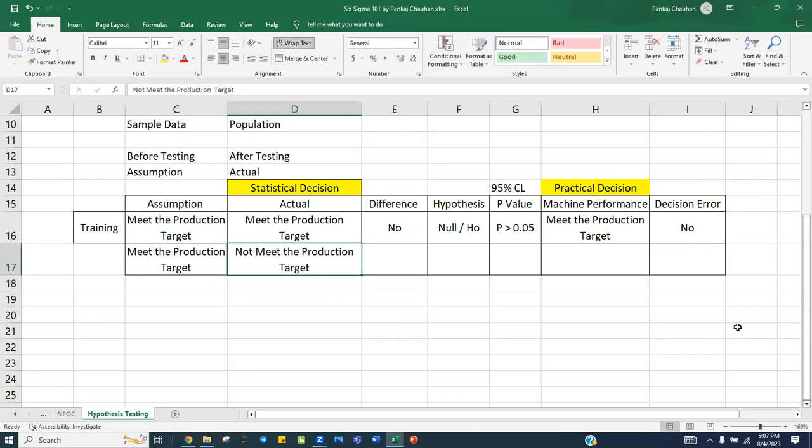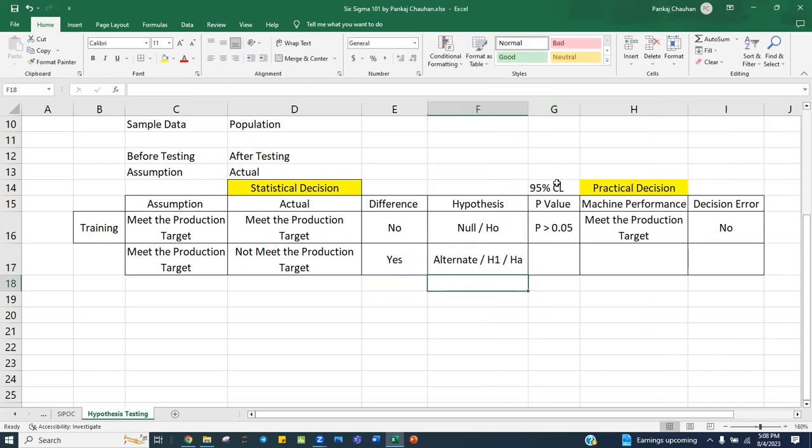So is there any difference between assumption and actual? The answer is yes. You were assuming it will meet the target, but actually it will not meet the target because the machine is not running as you expected in the sample trial. So this hypothesis is called an alternate hypothesis, which is denoted by H1 or HA.